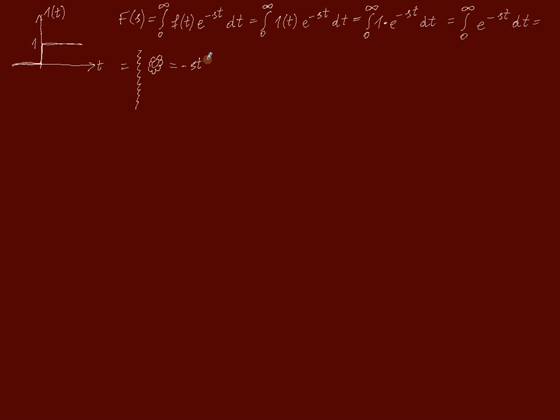Below we calculate the derivative. du is equal to minus s dt. This equation is needed to have something to substitute for dt, so it needs to be transformed.